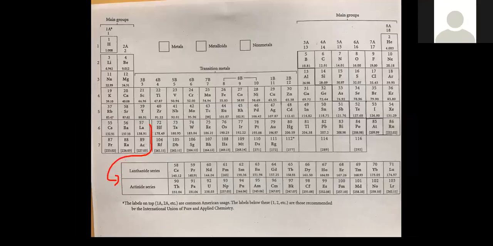Now let's go back here. Can anyone give me a name of a group that you know? Noble gases. I heard noble gases. Do you know which group the noble gases are? 8A. Yes. So these ones are the noble gases.